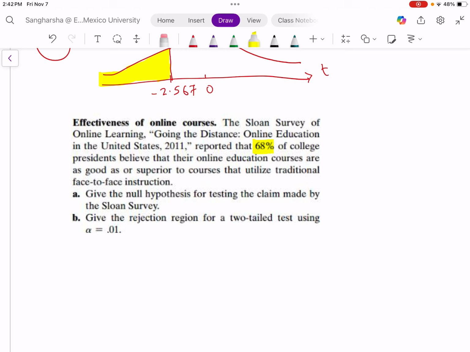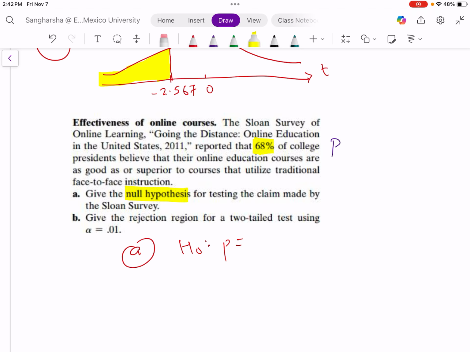Now here they reported in terms of percentage. Okay, so we have to identify our parameter. Percentage means it's the P. So our P is the parameter. In the first question, we are asked to give the null hypothesis for testing the claim made by this survey. So our null hypothesis is H naught. Let's start by writing the parameter. Our parameter is P and P is equal to, so what is the claim?